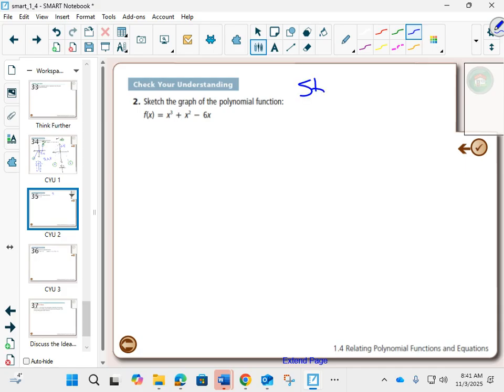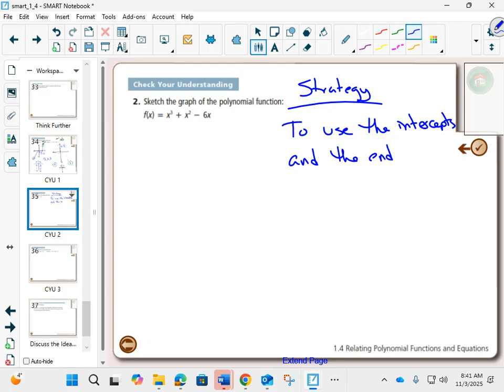So here's a strategy. We'll put the strategy off to the side. The way to draw this the most accurately and the quickest with the skills that we have right now is... we already learned about the end behavior.